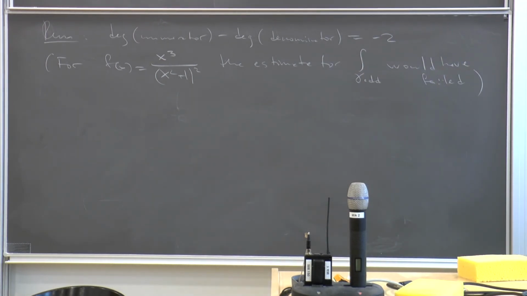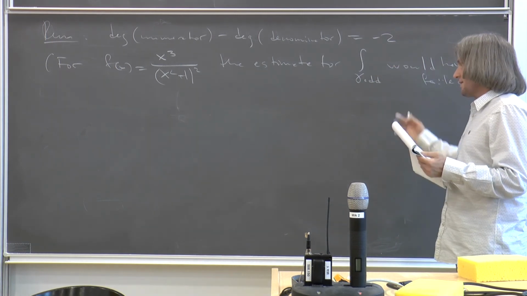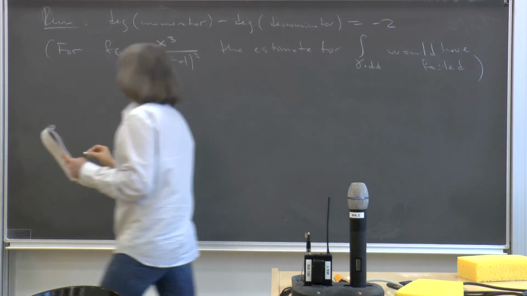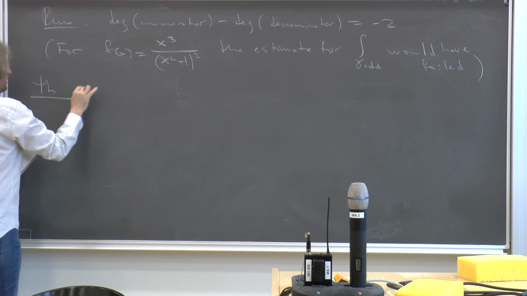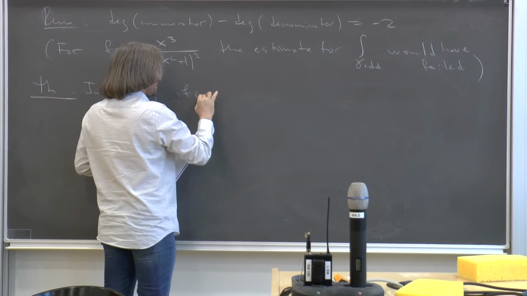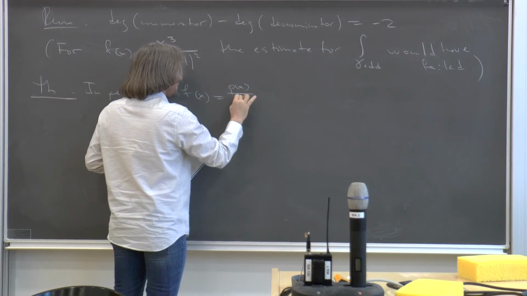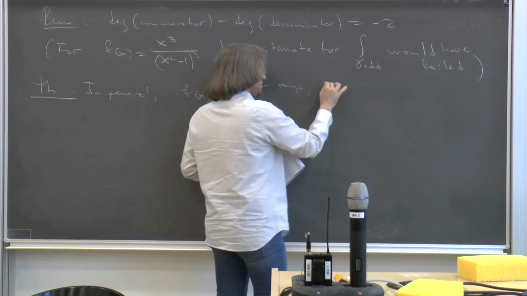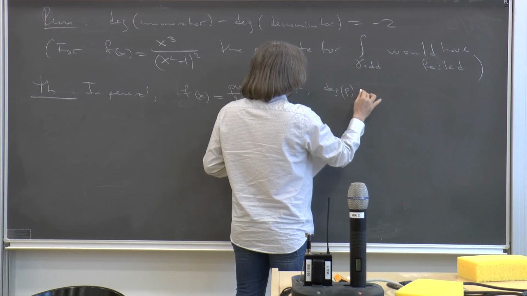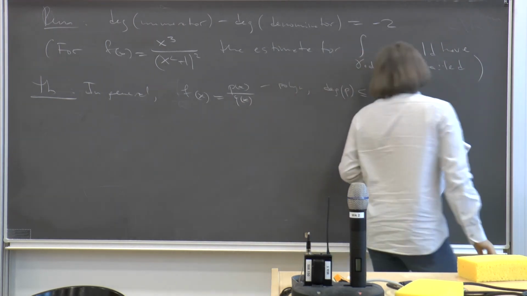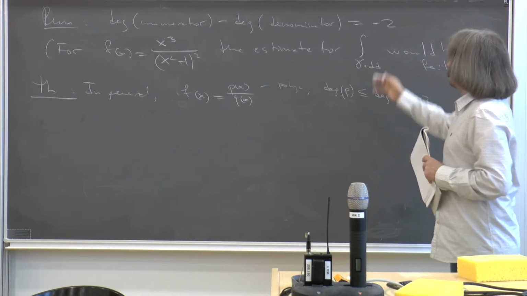So, to this end, let me formulate a theorem which basically makes this observation a general statement. In general, for f of x being p of x divided by q of x, these are polynomials with degree of p less or equal than degree of q minus 2. That's exactly our estimate.